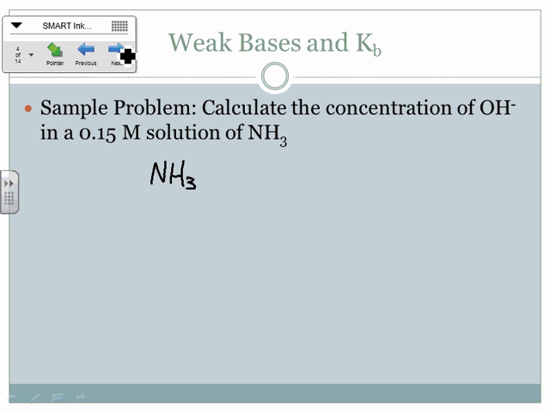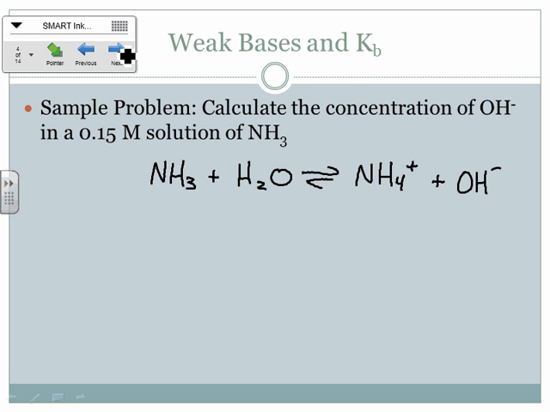Yeah, we're putting it in a solution, so it's going to be with water. And then what are our products going to be here? NH4 plus, because now we have one extra hydrogen. And what's our other product? OH minus. So there's our equation.